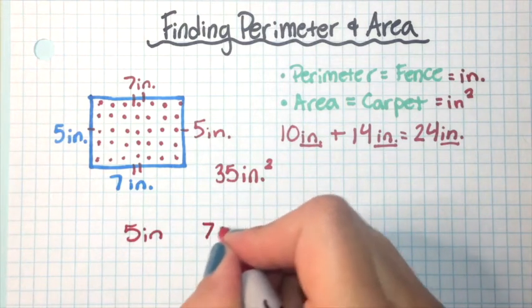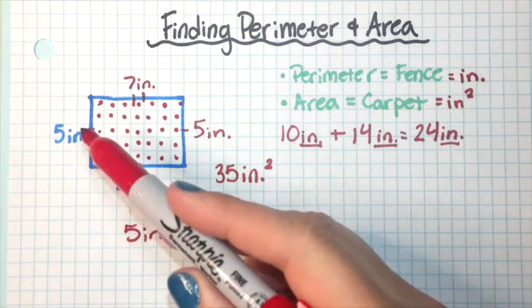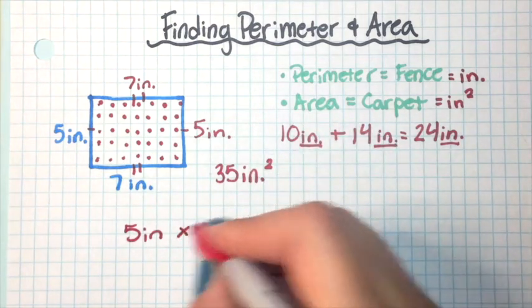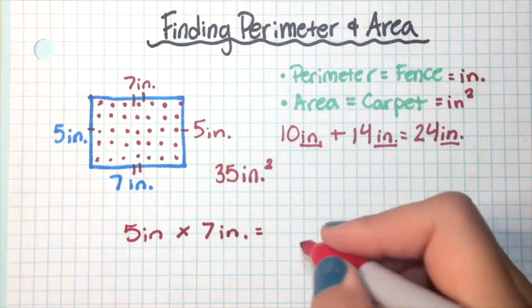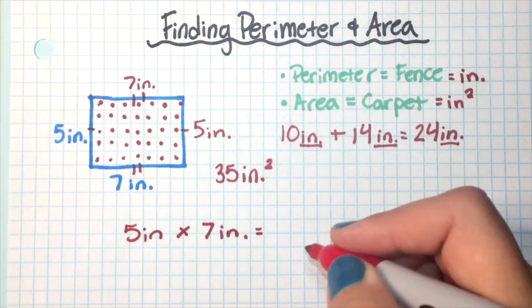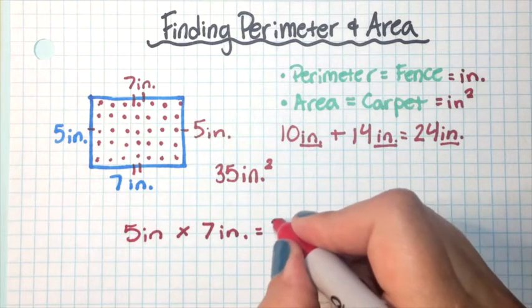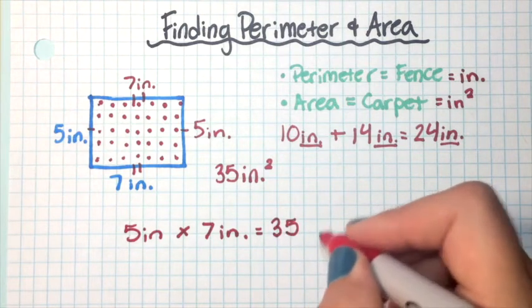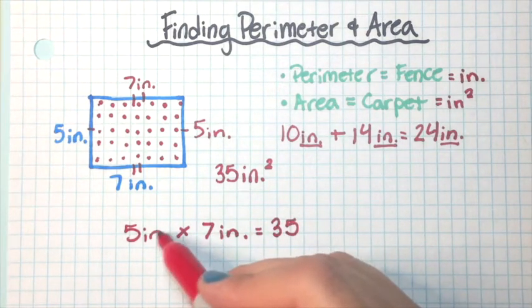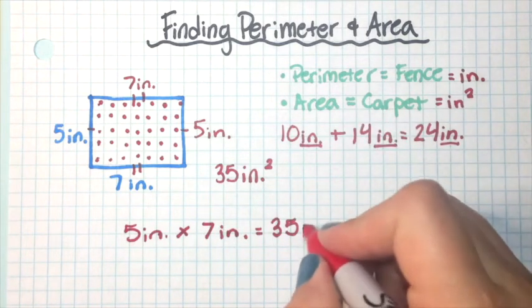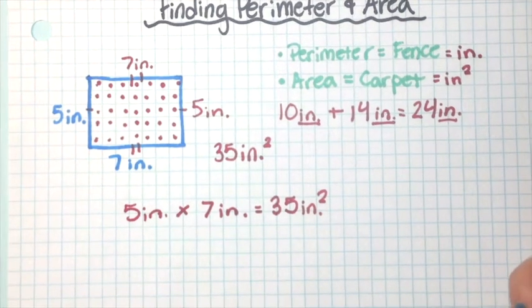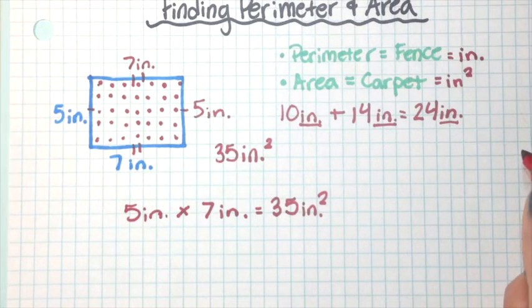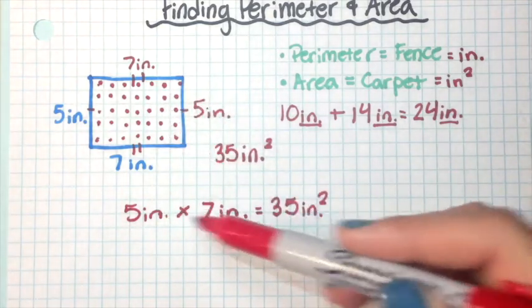We will multiply that. 7 times 5, if you don't know it off the bat, you can count by 5, 7 times: 5, 10, 15, 20, 25, 30, 35. We have 35, and we have inches times inches, so we have inches squared. I think this is a much easier and faster way to do area.